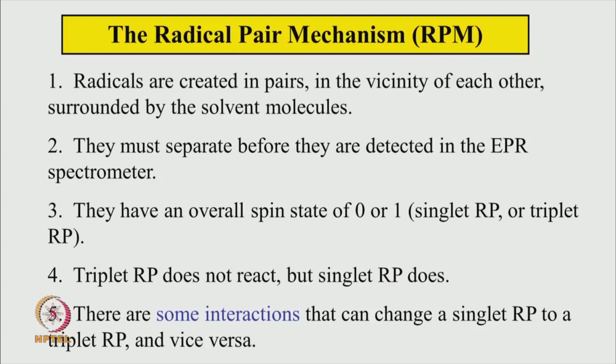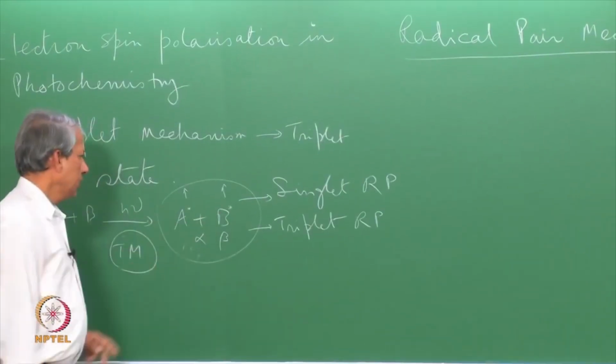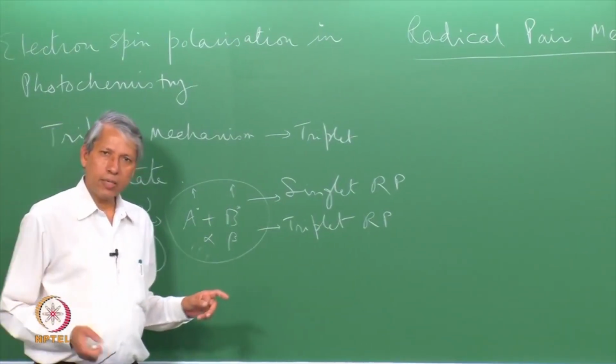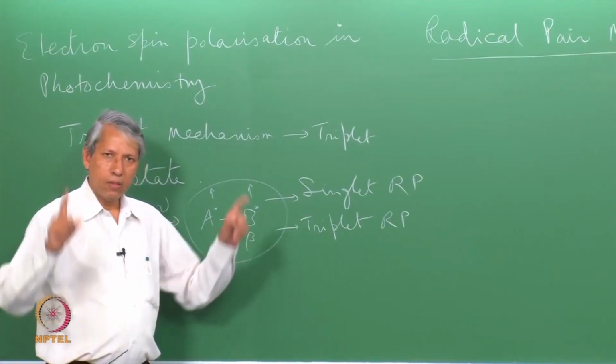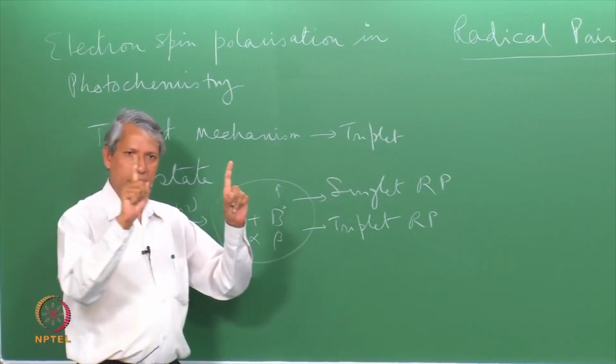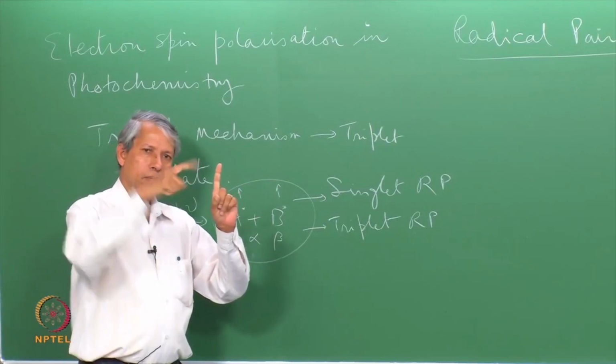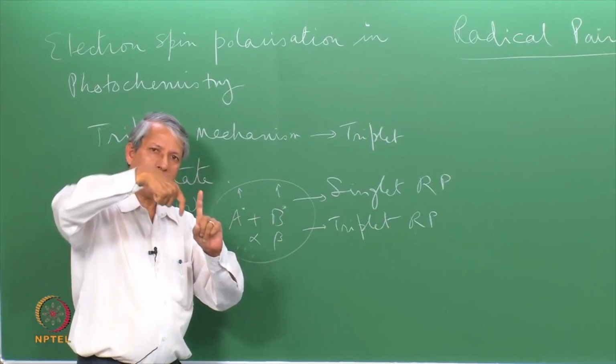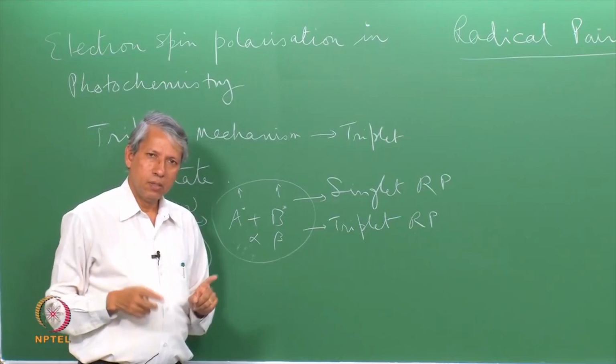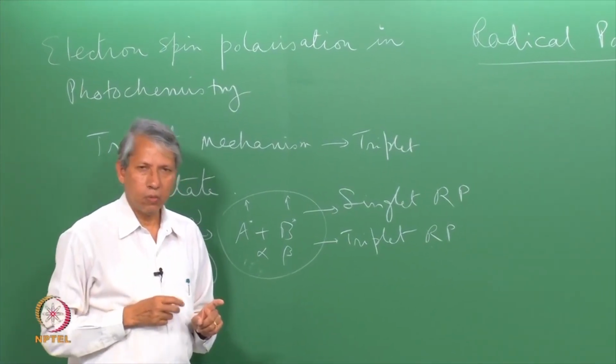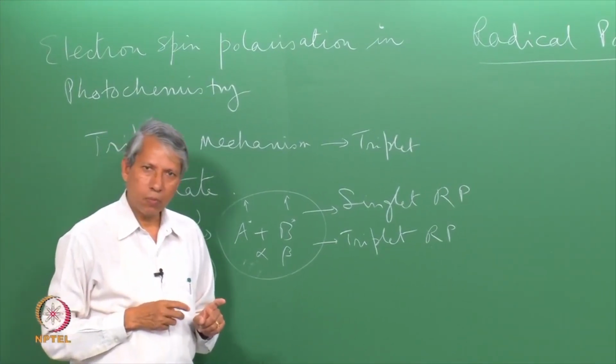And number 4 is that if they are in the vicinity of each other, these two radicals can as well react. If these two radicals come together with opposite spins, they can form a bond. That is the basic requirement for forming a covalent bond: the two spins must be opposite.